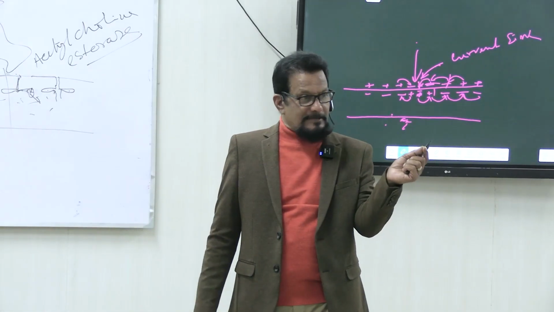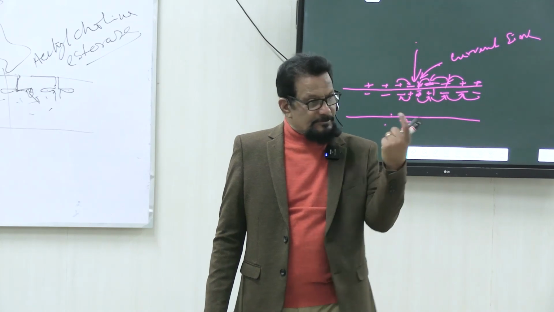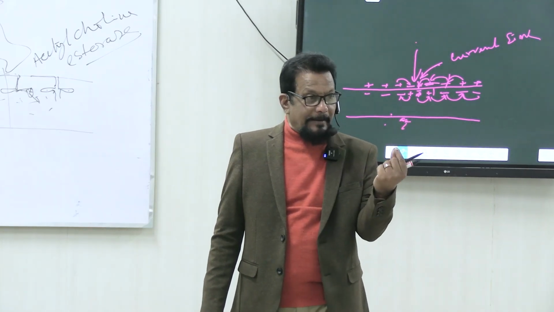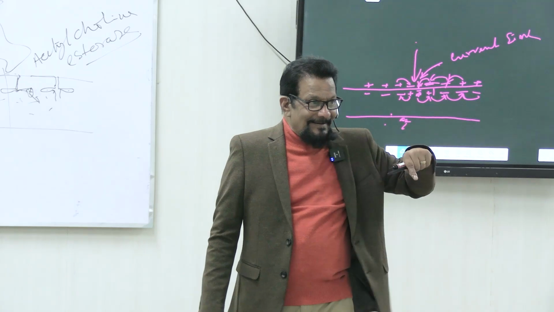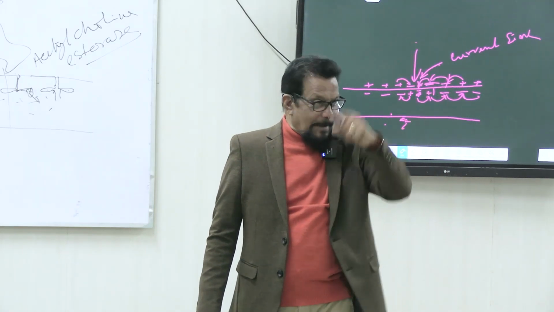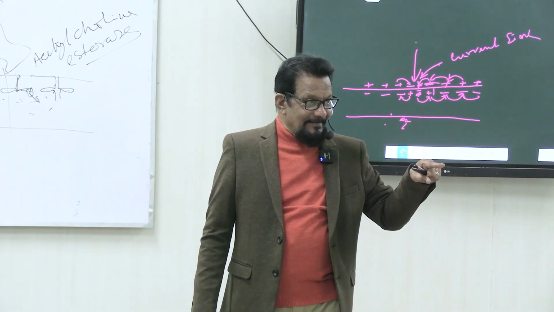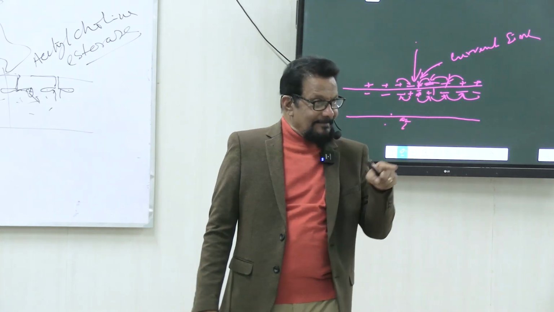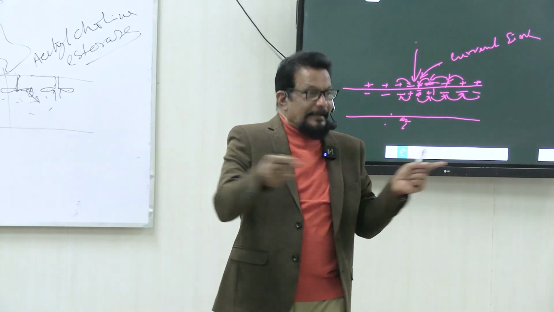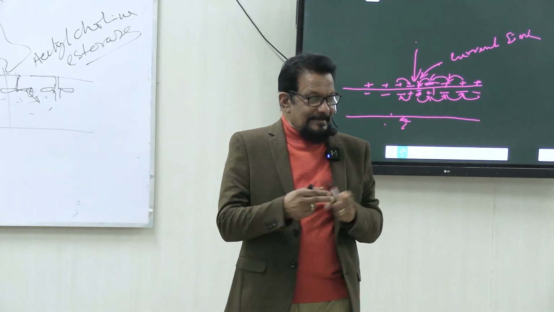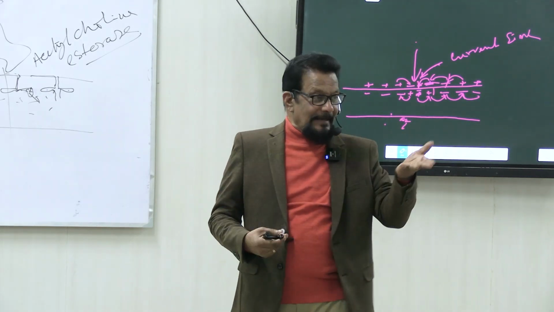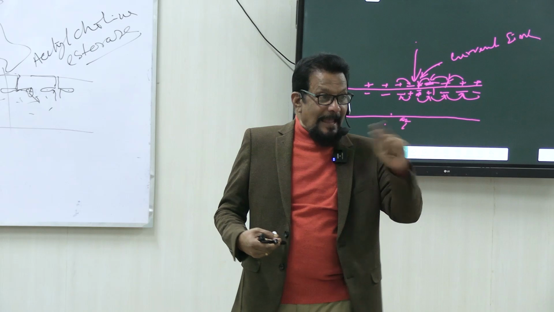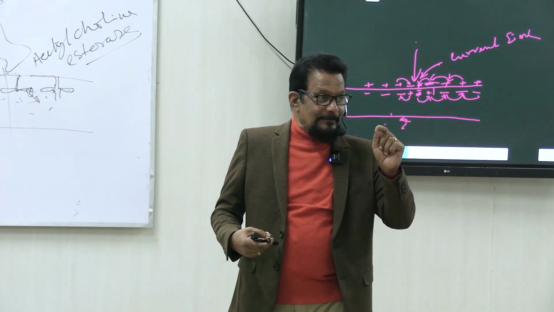Why will calcium be entering? Because the channels will be opened by the nerve action potential coming there. So this will cause opening of the calcium channel. Now as a result, calcium will enter into the neuroplasm, sorry, not sarcoplasm.